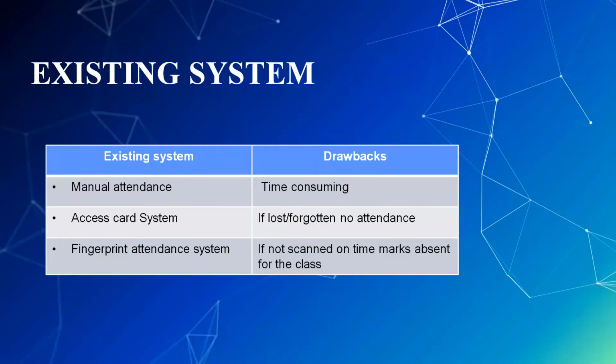As time evolved and technology improved, the popularity of biometrics increased. People started to believe that biometrics was safe in terms of security and had less human involvement. Hence, the fingerprint attendance system was introduced, but it couldn't turn out to be a successful system as it has many limitations.